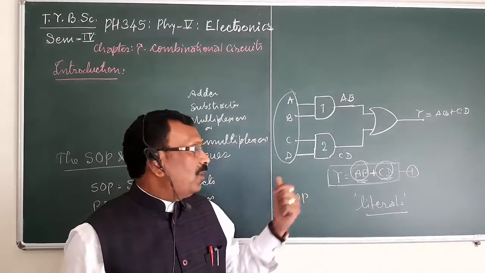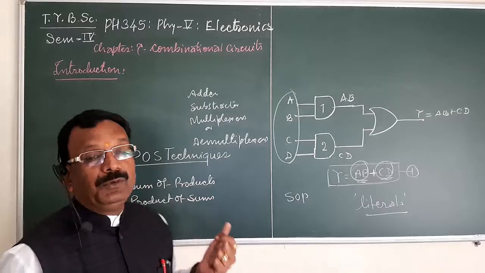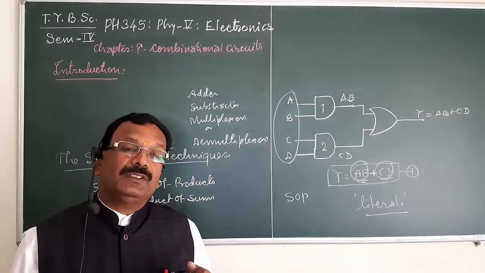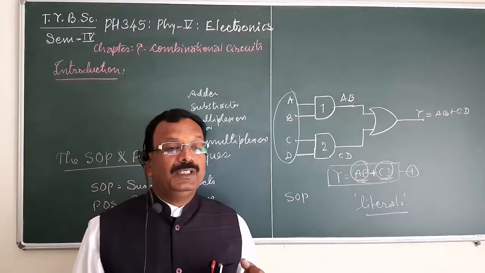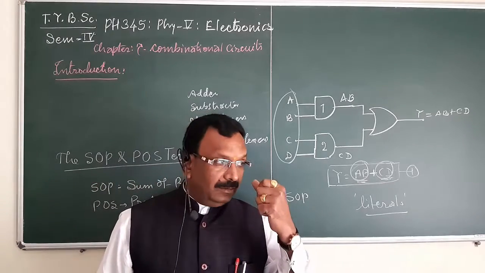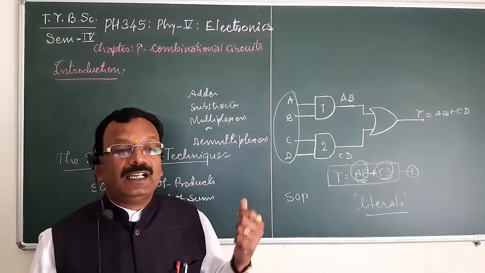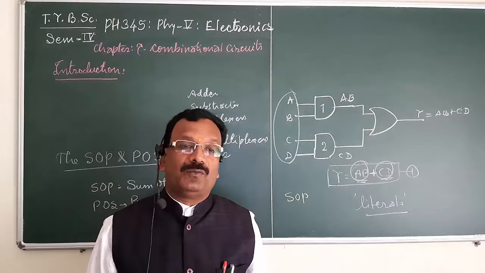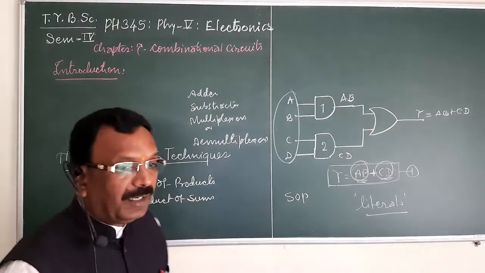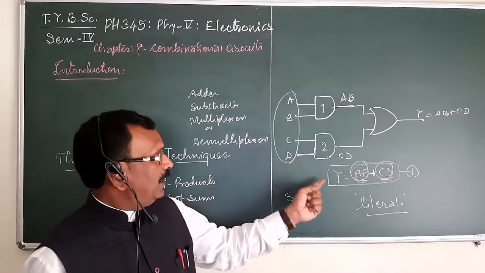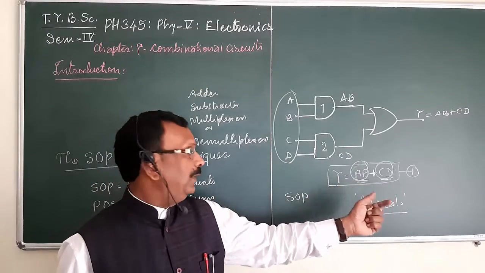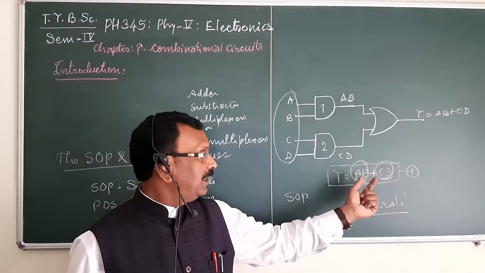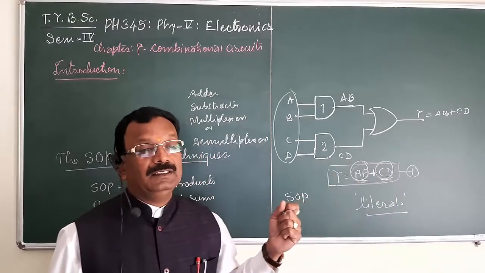SOP and POS are standard forms, and the given logical expression can be reduced into a simple form. For example, again Y is equal to AB plus CD, where AB and CD are the products, and Y is the sum of AB and CD.